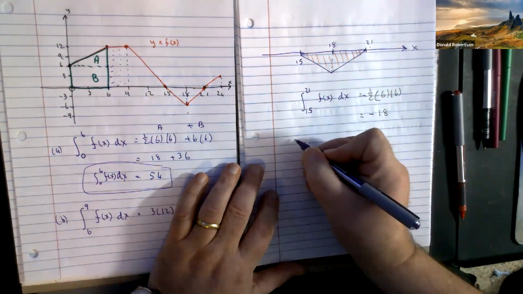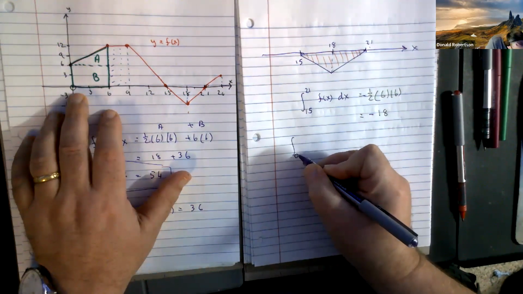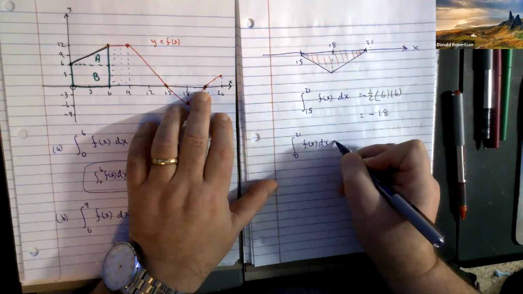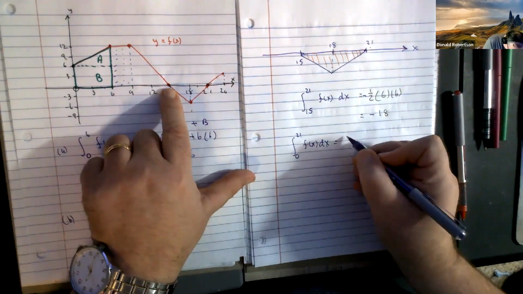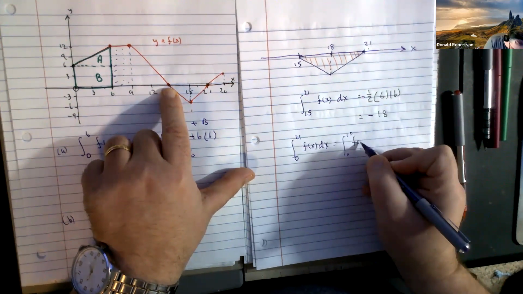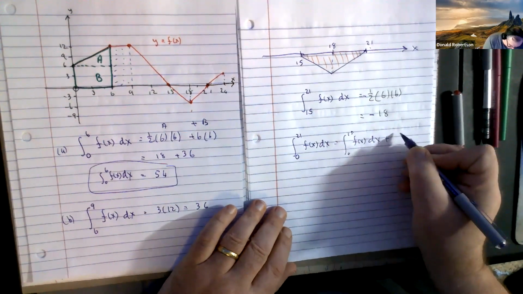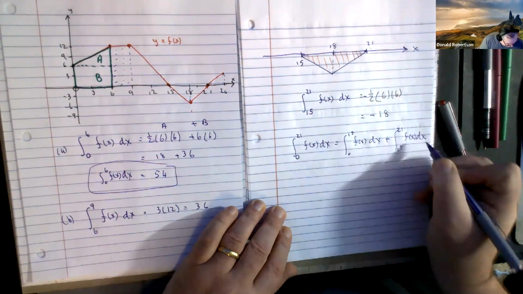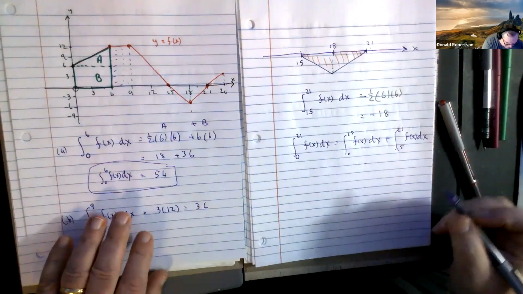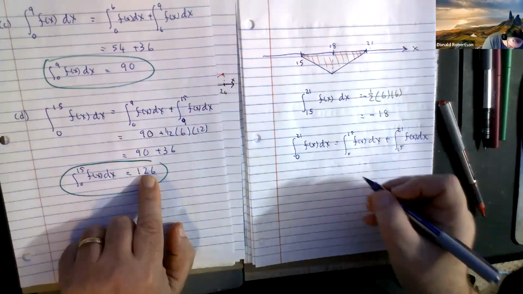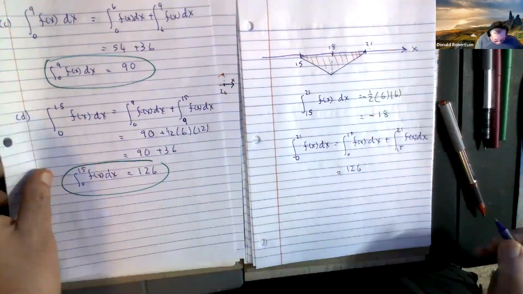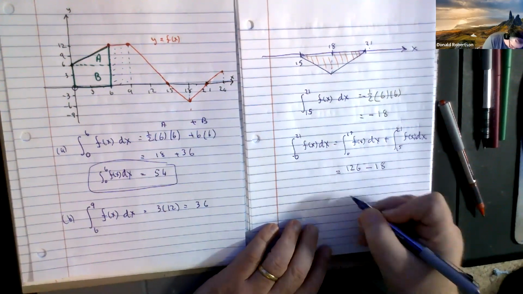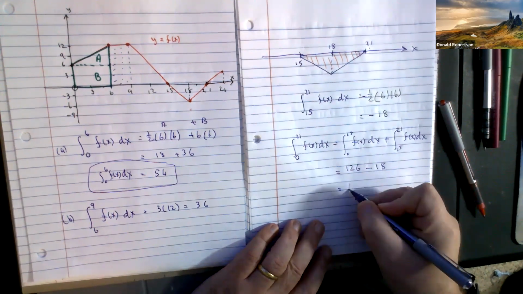So if I was going to find the integral from 0 to 21 of this function, it would be made up of 0 to 15 plus 15 to 21. And the piece from 0 to 15 is positive and is 126. But this little piece here is -18. So the result is 108.